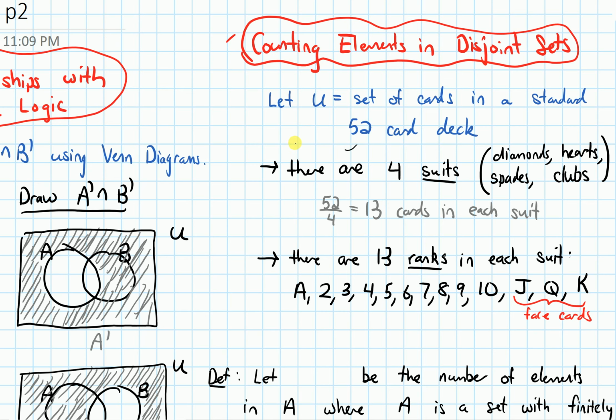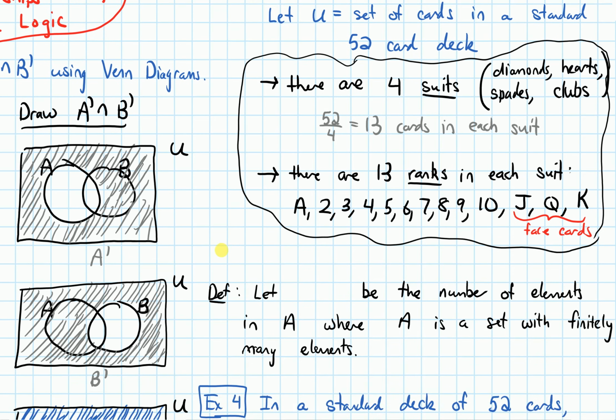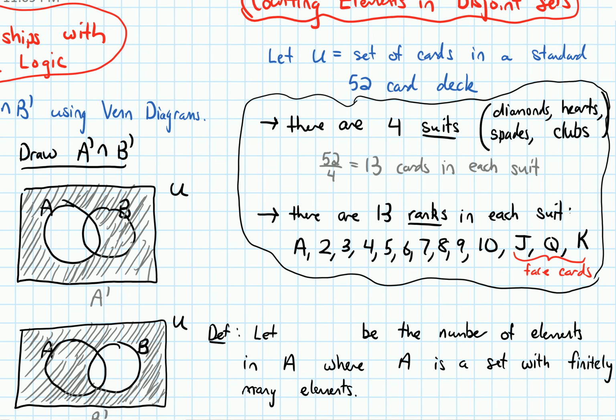So I'm going to put this in a little bubble, a little thought bubble. Okay, and I'm going to introduce a definition. So I'm going to let n of A, which I write as n parentheses A, represent the number of elements in the set A, where A is a set with finitely many elements.